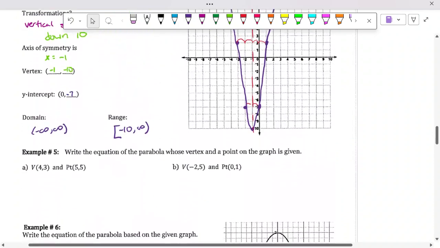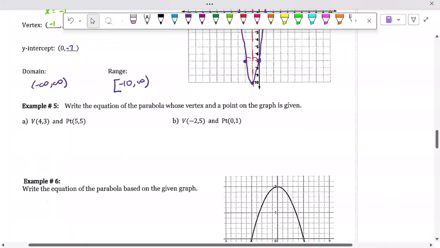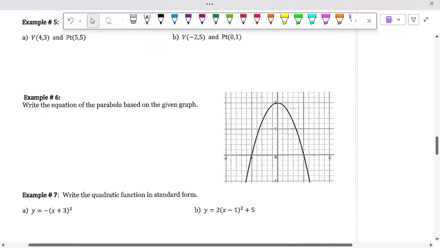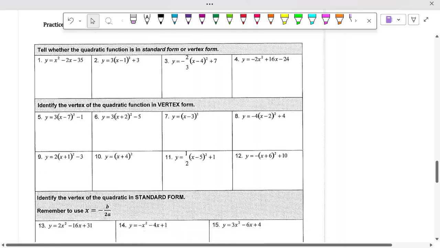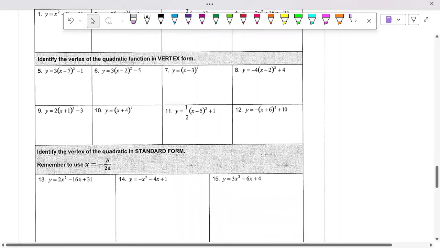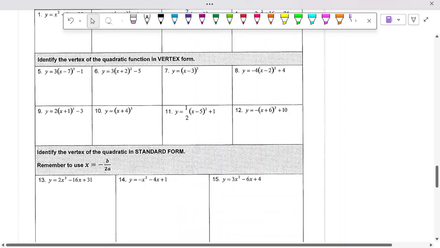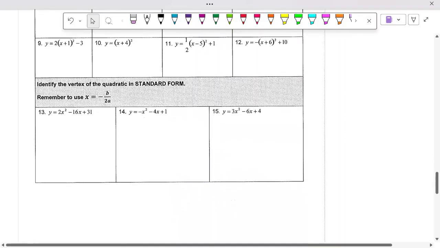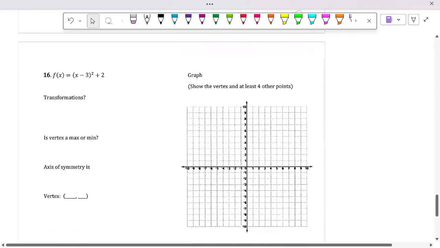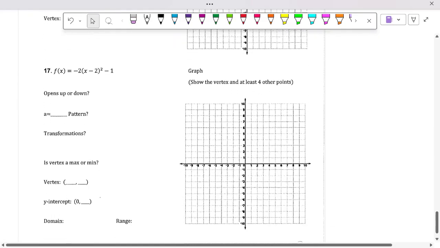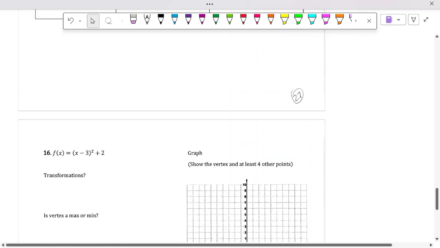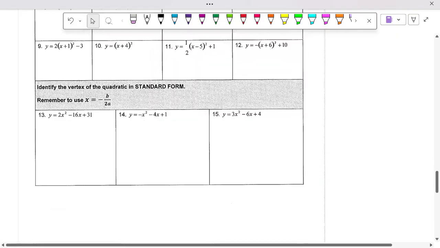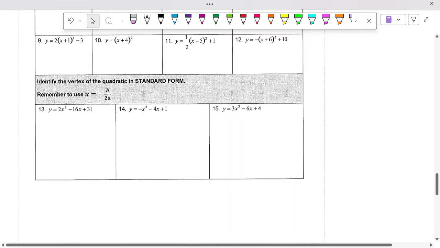Okay, so we're going to stop here for today and come back to these last 3 examples tomorrow. So your homework for tonight, I just want you to do 5 through 12 and 16 and 17.